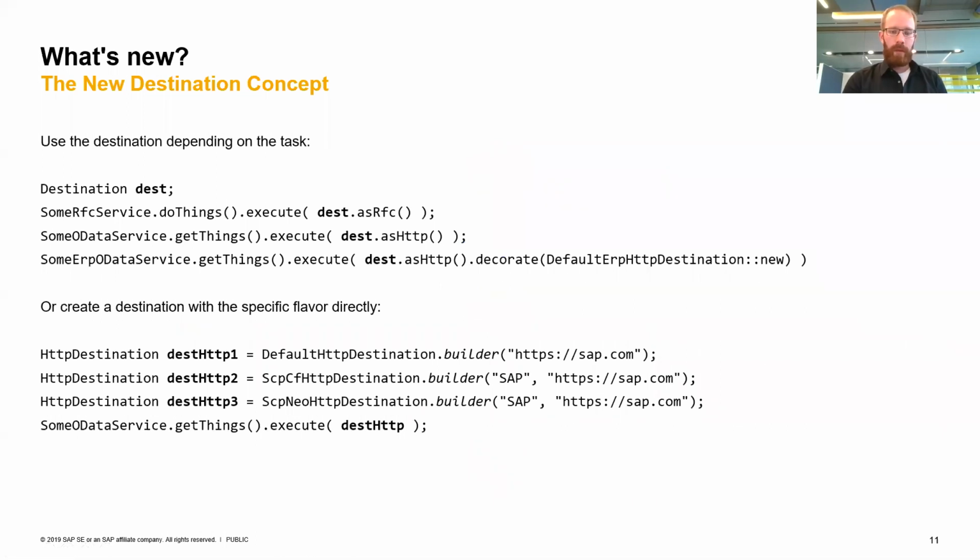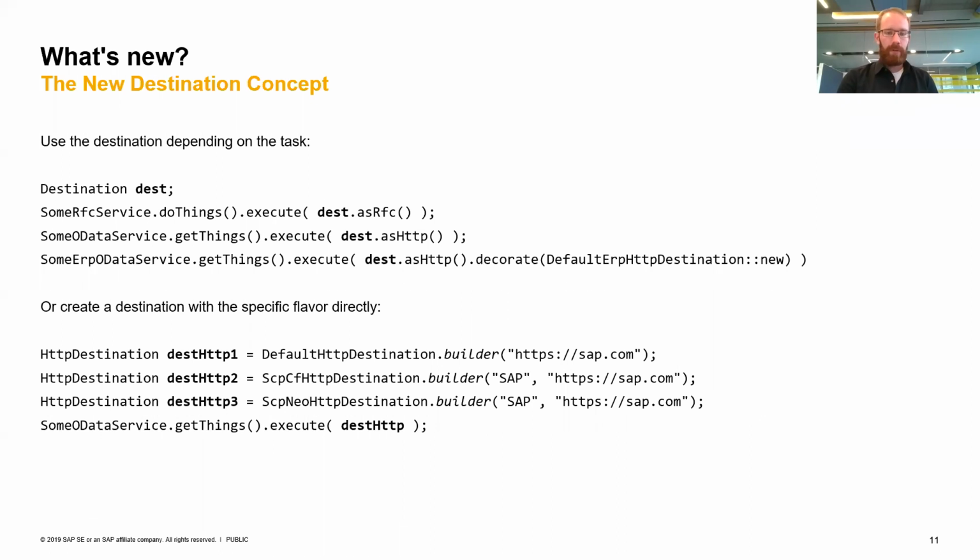And as we already saw before, rather slim, we saw those is and as RFC as well as HTTP methods. Those are then used to make the destination behave, from an API point of view, from an interface point of view, the way that we expect it to. So, for example, if you want to use the S/4HANA VDM, the execute methods that you're all aware of there no longer require a destination name as before, or nothing with the default name, but now expect an HTTP destination.